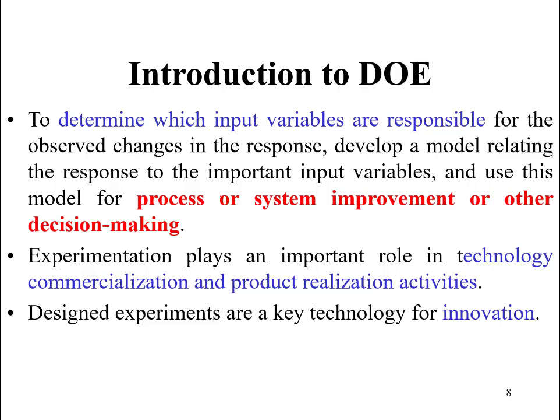However, the more interesting result can be seen when you use this design of experiments in engineering processes or systems. To have an appropriate design of experiment, or DOE, you need to understand what the effective parameters, the effective factors, are on your results.